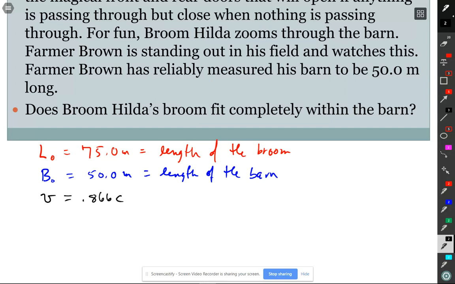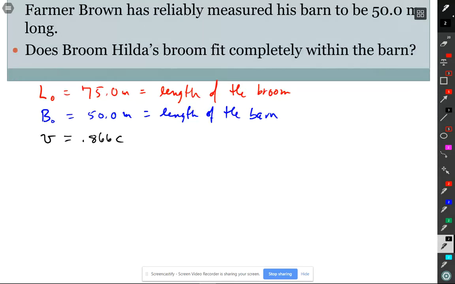Okay, so if V is 0.866 times the speed of light, you might wonder, why did he choose that? Because that makes gamma equal to 2. So gamma is 2. Does she fit inside the barn?